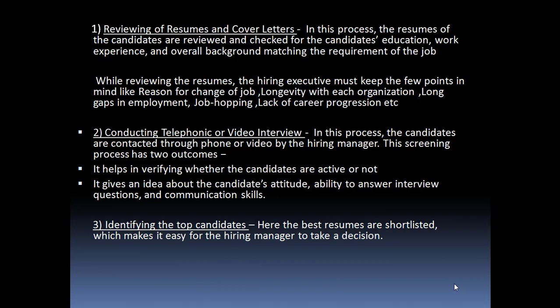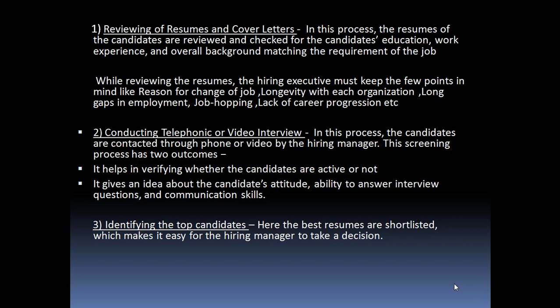The first step in checking the relevancy is reviewing of resumes and cover letters. In this process, the resumes of the candidates are reviewed and checked for the candidate's education, work experience, and overall background matching the requirement of the job.